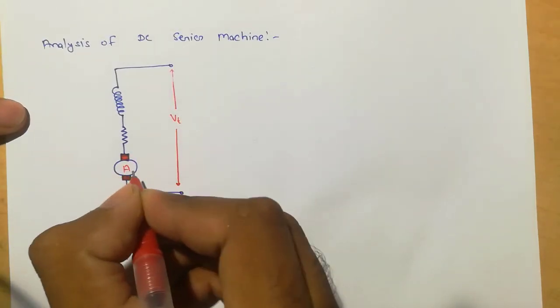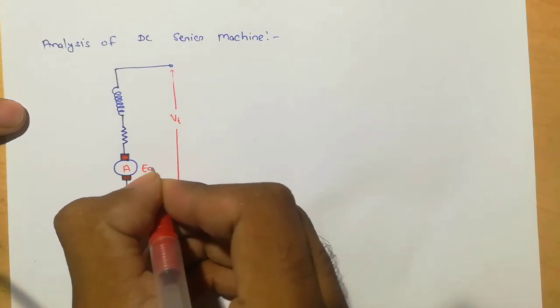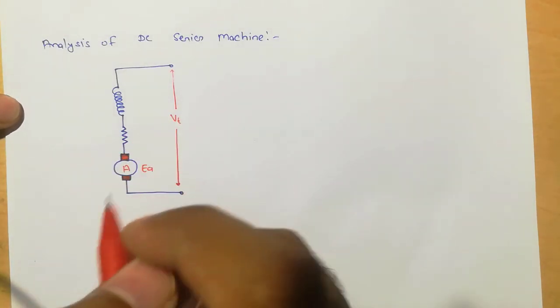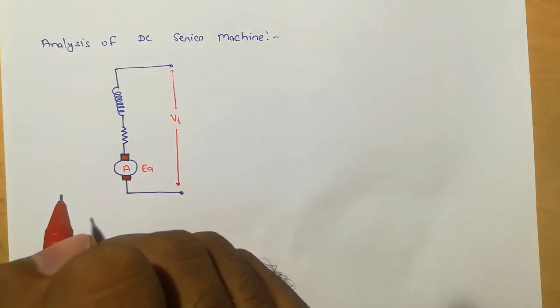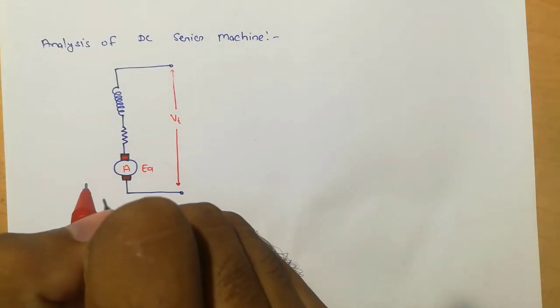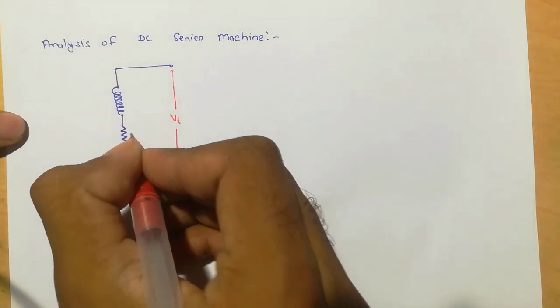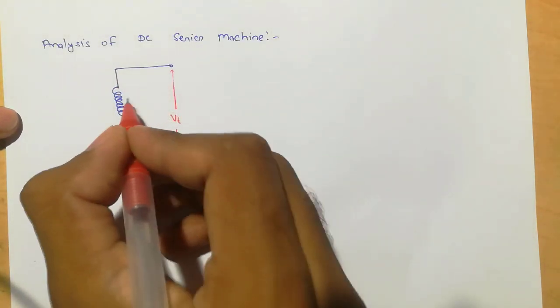This is our armature. Here the voltage induced is Ea. In the case of generator, we have an induced EMF Eg, and in the case of motor, we have a back EMF. This is our armature resistance.